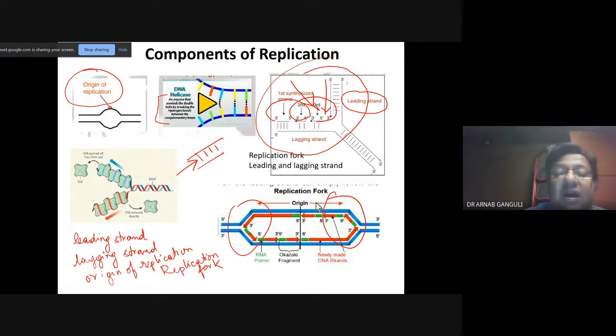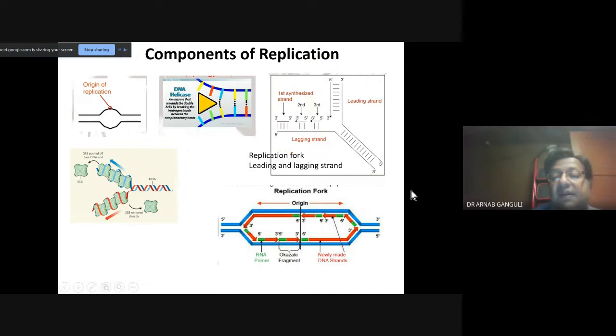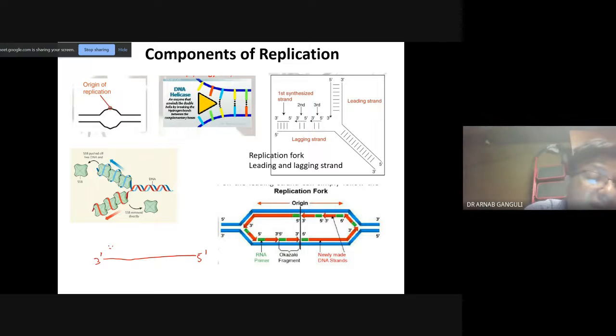Now, one thing to memorize, there is always, when replication starts, this is the 5 prime to 3 prime direction new strand.